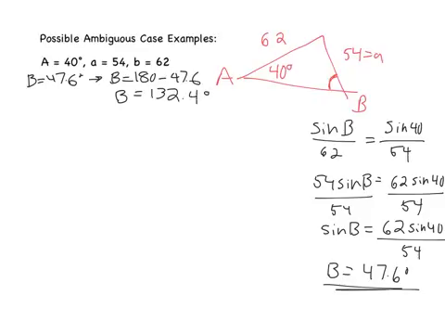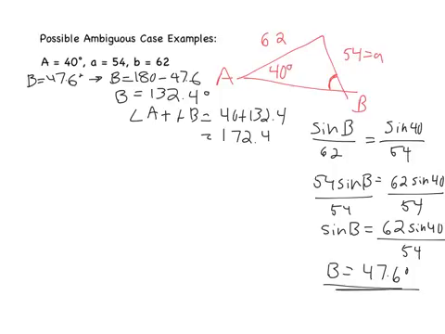Well, this time, that isn't the problem it was last time. Because now, if I took angle A plus angle B, I get 40 plus 132.4. That's only 172.4. And that's less than 180. So then my third angle, angle C, is just going to be whatever's left over.